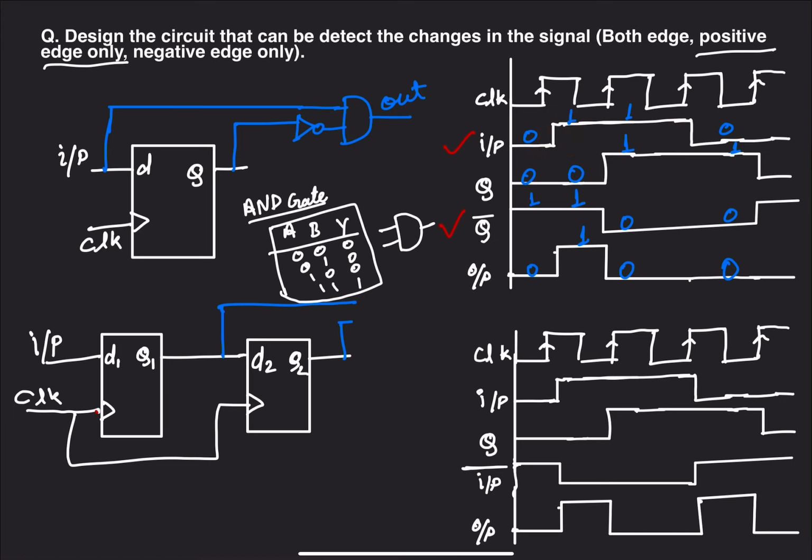And if I talk about the negative edge detection, before that, if our input is not synchronized with the clock, meaning it does not come after the clock, we have to add one more D flip flop to synchronize it, and the same circuit has to be connected for the positive edge detection.